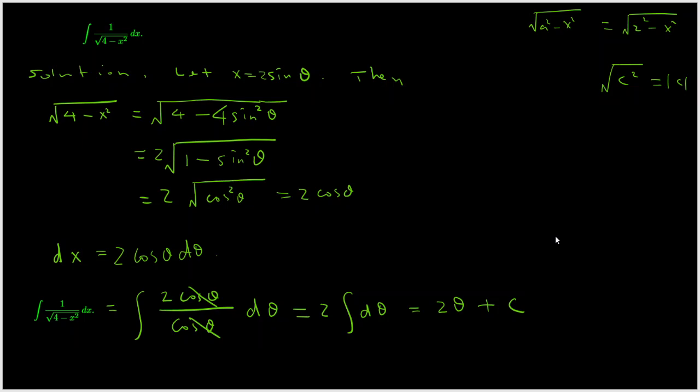But we are not done yet. We are not done yet. So any question? Excuse me, sir. Sure. The square root of 4 minus x squared is equal to 2 cos theta. So why do you just write cos theta?